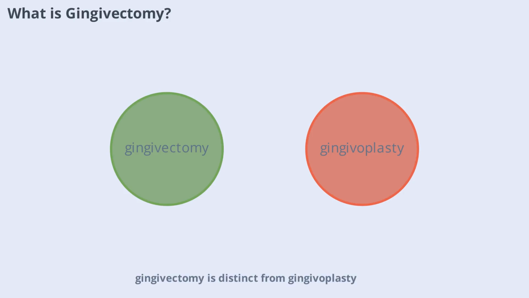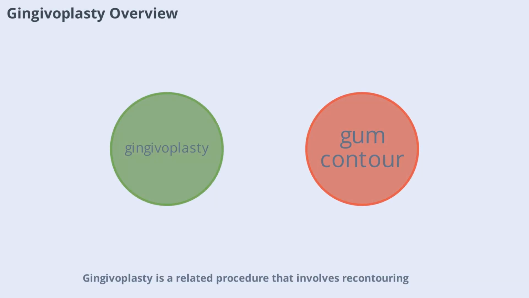It's important to note that gingivectomy is distinct from gingivoplasty, which focuses on reshaping the gingiva rather than removing pockets. Understanding these differences is crucial for selecting the appropriate treatment for each patient. Gingivoplasty is a related procedure that involves recontouring the gingival tissue to restore its physiologic form.